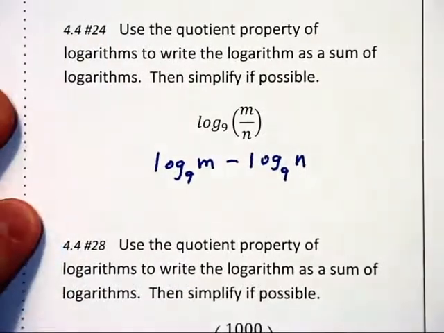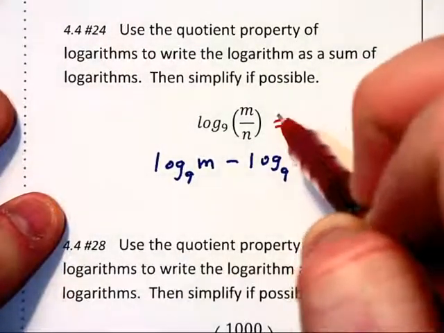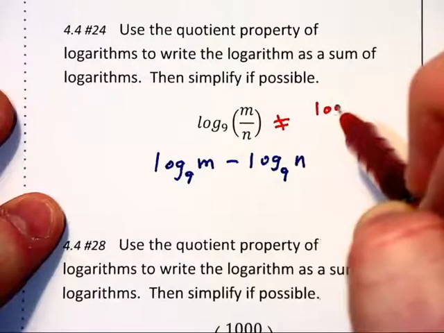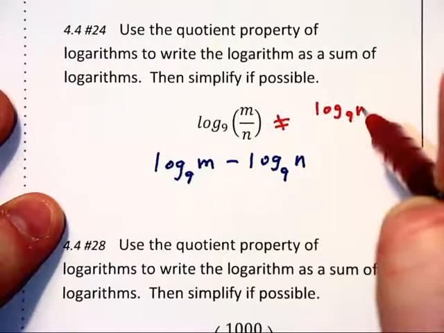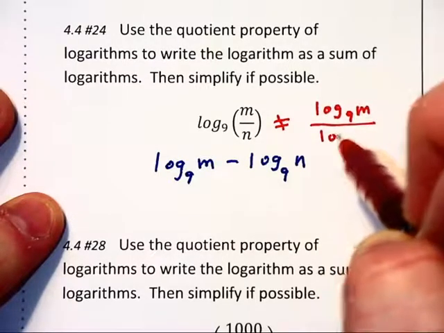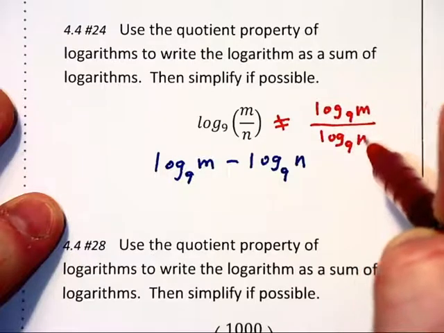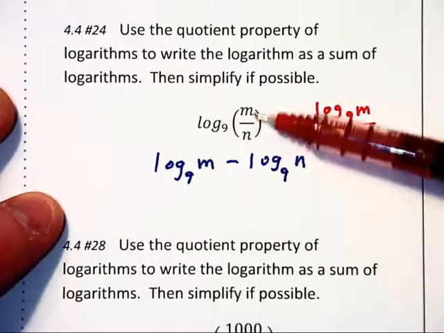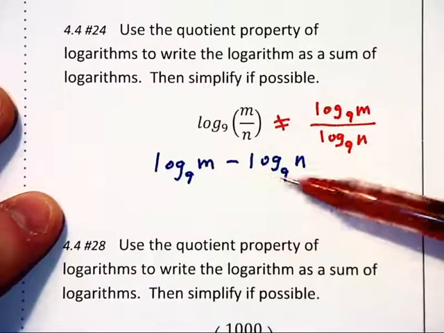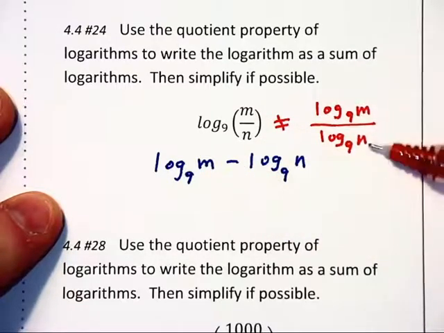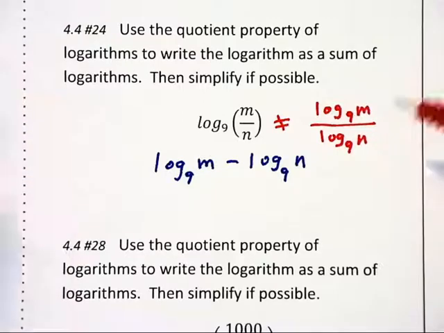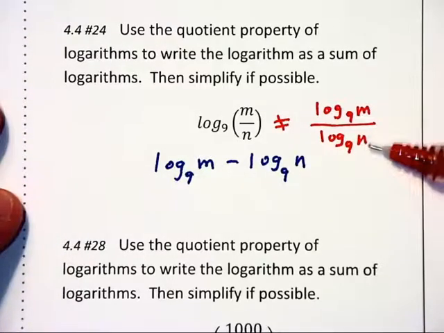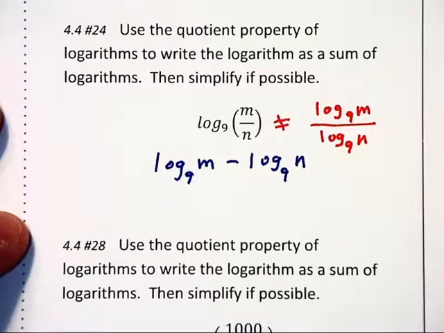A very common mistake, and this is a not equal to, is to turn that into log base 9 of m divided by the log base 9 of n. You do not want to go there. If you have division inside the log, you split this into subtraction. If you have two separate logs being divided, that's just two separate logs being divided. You do not have a property to simplify that one.